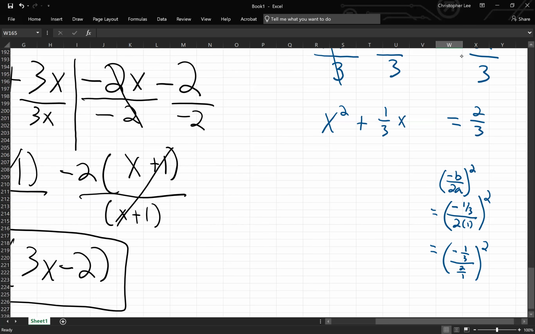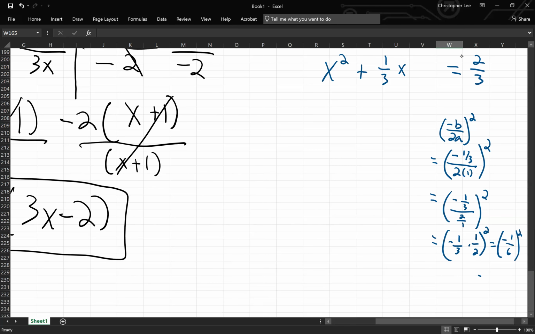You already know, keep, change, flip. This is going to be negative 1 over 3 times 1 over 2, squared, multiplying straight across. I'm going to have negative 1 over 6 squared. And when we square that, we're going to get 1 over 36.